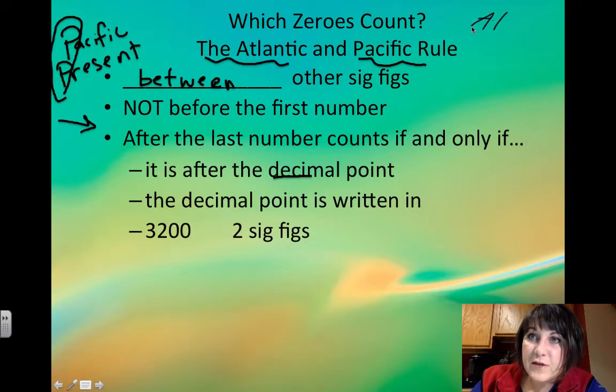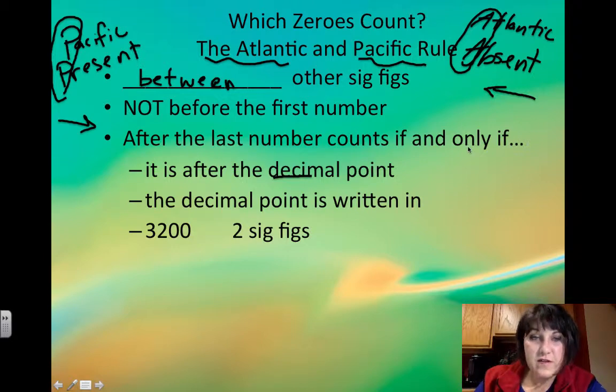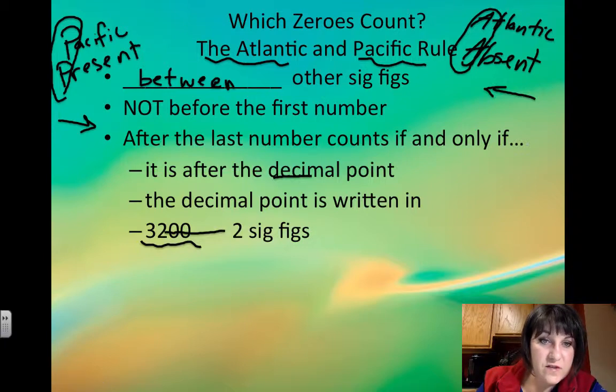But for the Atlantic part of the rule, if the decimal is absent, A for Atlantic and A for absent, then we fly in from the right side because the Atlantic Ocean is on the right side of the map. So in this number, the decimal is absent, right? There's not a decimal in this number. So we're going to fly in from the right and stop when we hit a non-zero digit.